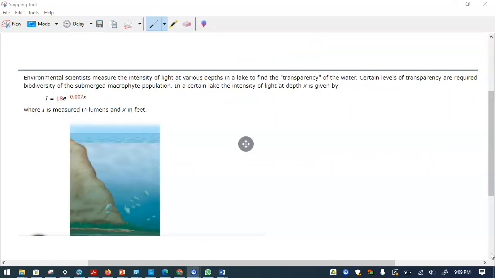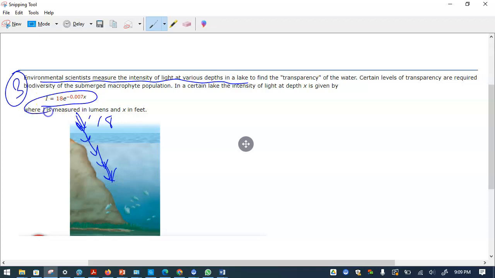So practice problem number 3 is about environmental scientists who measure the intensity of the light. As you can see on top, the intensity of the light is 18 lumens, but as the light goes inside, the intensity goes down.